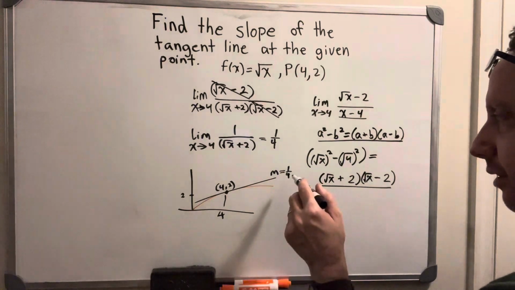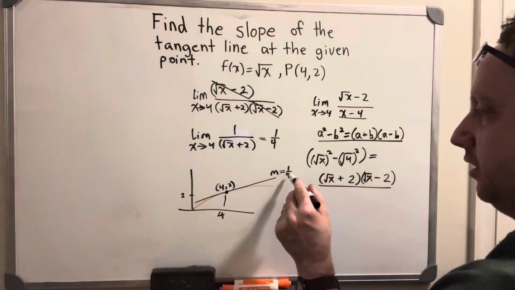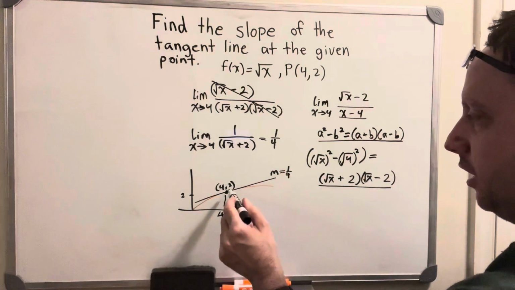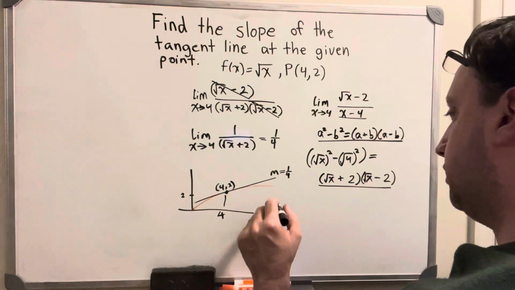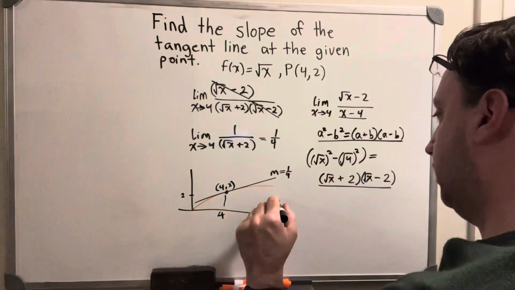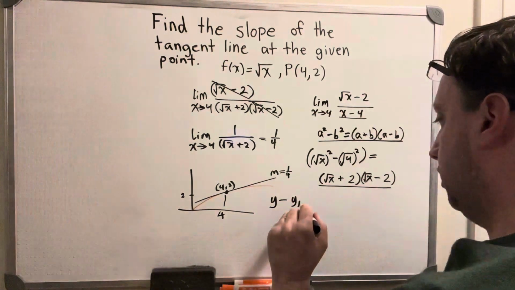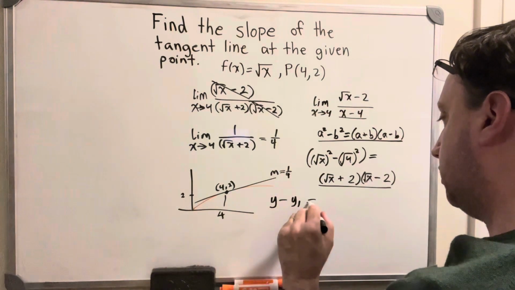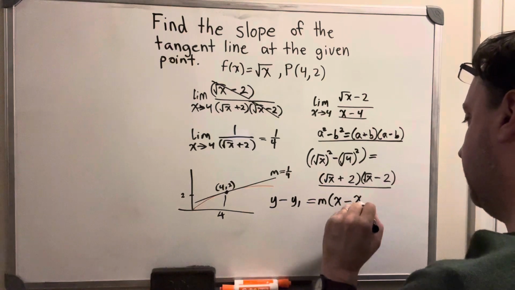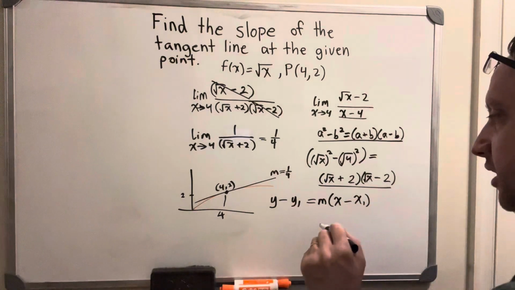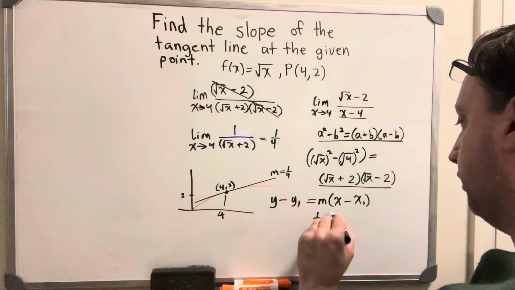Do you remember how to use the point slope form to give the equation for this line with this slope at this point? What does the point slope form look like? It's y minus y1 equals the slope times x minus x1. Now in this case, m is equal to 1/4.